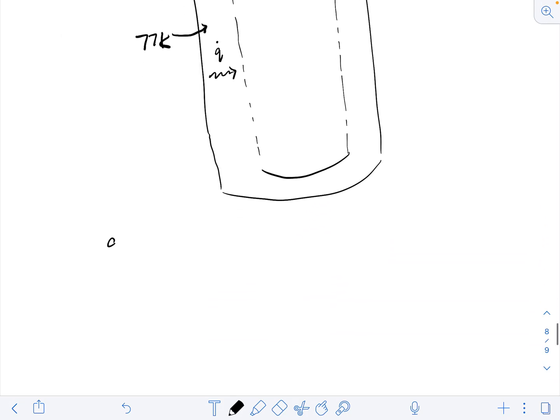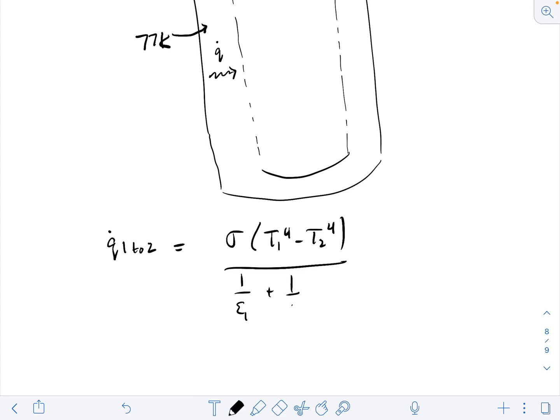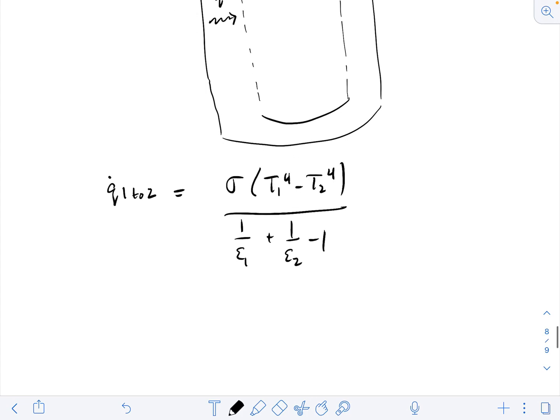All right, so Q dot from 1 to 2 is equal to sigma (T1 to the fourth minus T2 to the fourth) over (1 over epsilon 1 plus 1 over epsilon 2 minus 1).